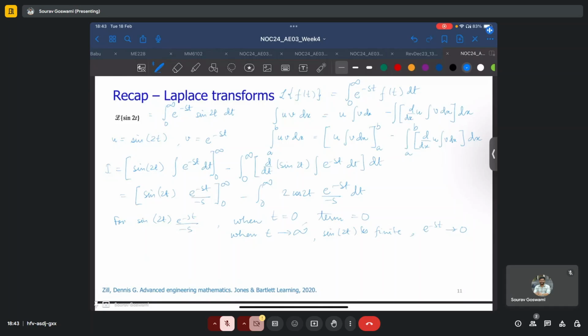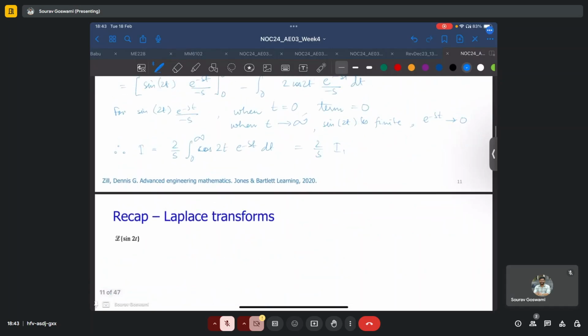So this entire first term becomes 0. Only the second term survives. And the second term is 2 by s times the integral 0 to infinity cos 2t e power minus st dt. Let us just denote this integral by some other notation, say I1.